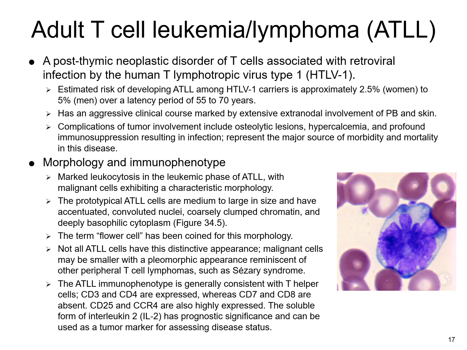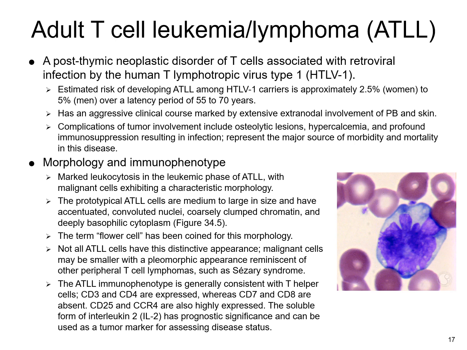The risk of actually developing an adult T-cell leukemia or lymphoma just because you've had this infection or are carrying it is approximately 2.5% for women and 5% for men, over a latency period of about 55 to 70 years.